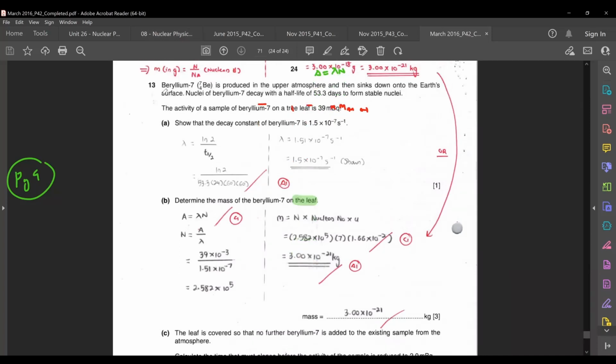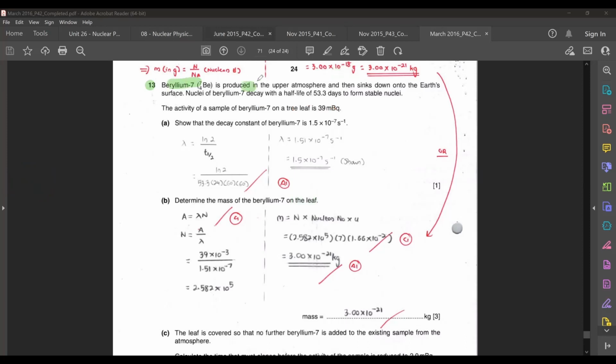Beryllium-7 is produced in the upper atmosphere and then sinks down onto the Earth's surface. Nuclei of beryllium-7 decay with a half-life of 53.3 days to form stable nuclei. The activity of a sample of beryllium-7 on a leaf is 39 millibecquerels.